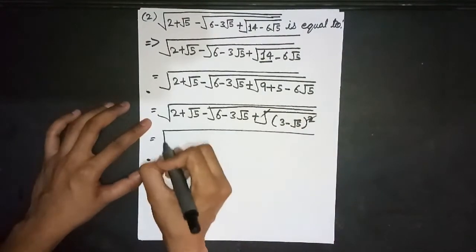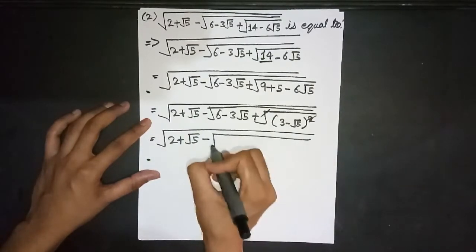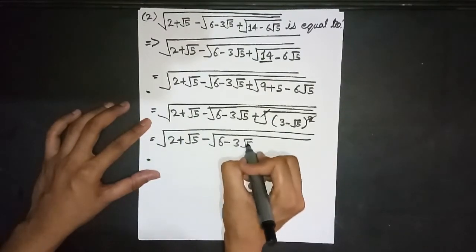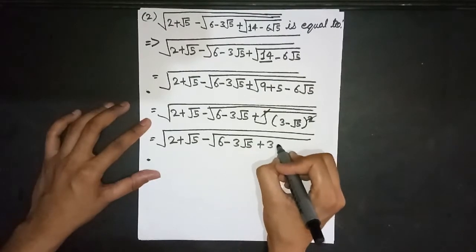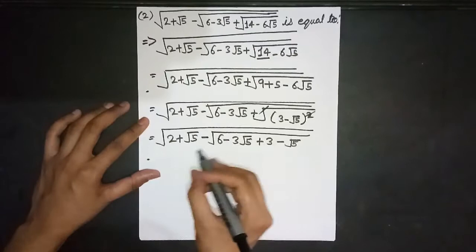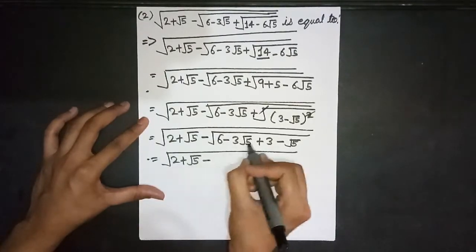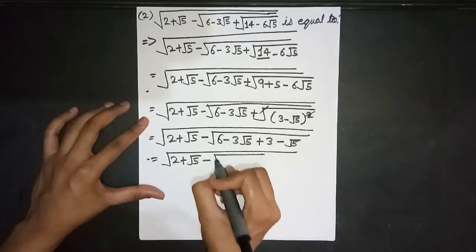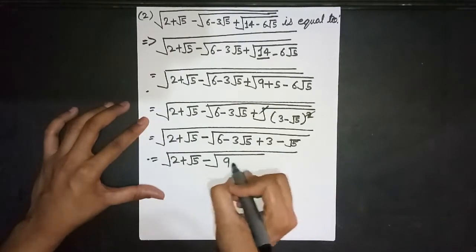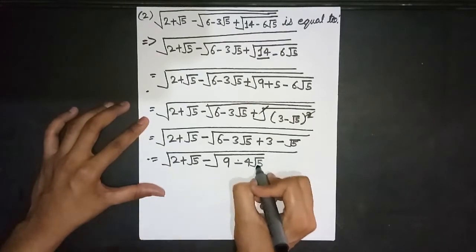So now we have under root of 2 plus under root 5 minus under root of 6 minus 3 under root 5 plus 3 minus under root 5. So now we have under root 2 plus under root 5 minus under root of, this is 9 minus 4 under root 5, right?